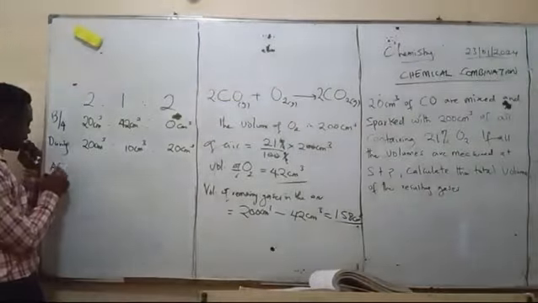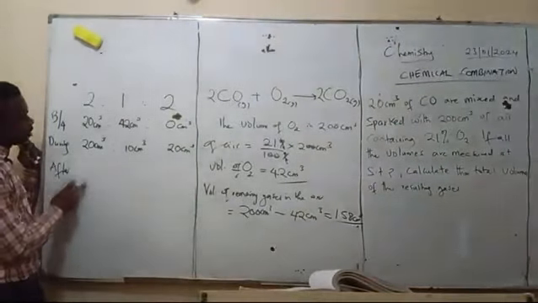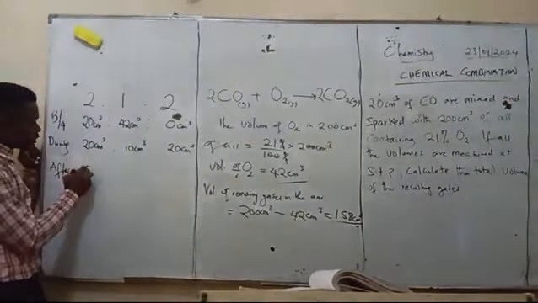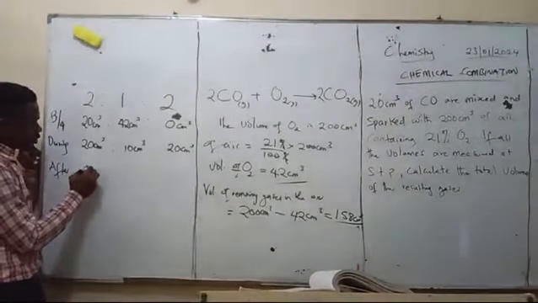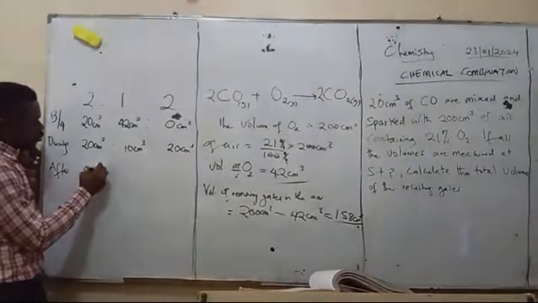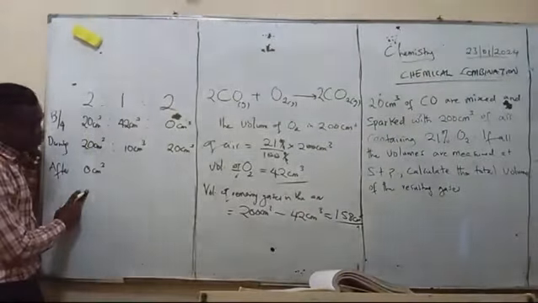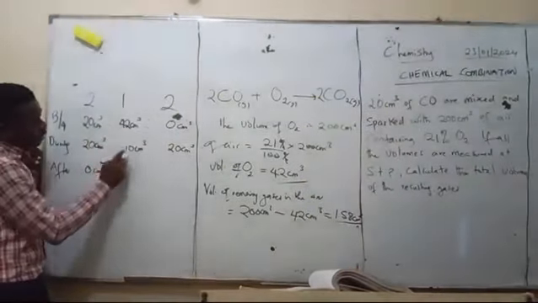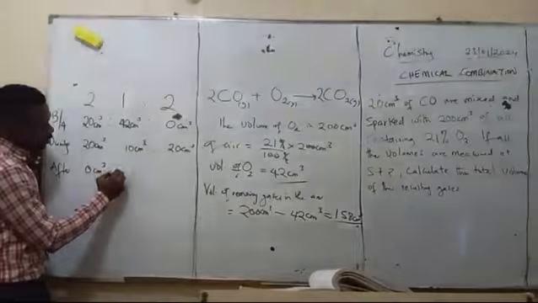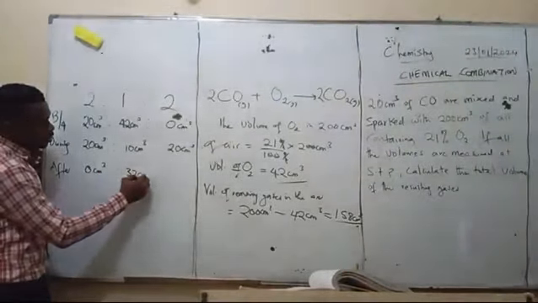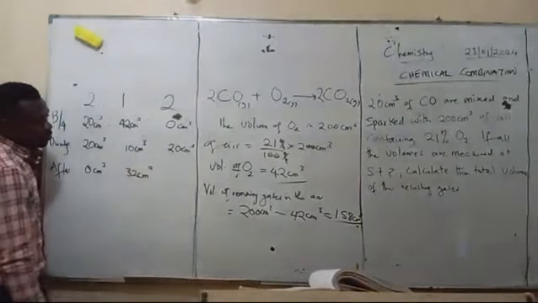Now, after the sparking, what will remain? This will be 0, true of us? Yeah. This one will be 0 cm cube, right? Good. Now, the one that remains here is 32 cm cube.